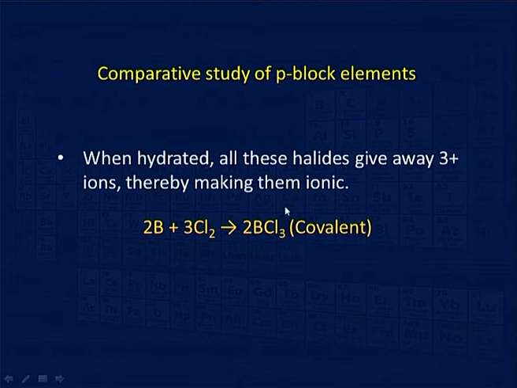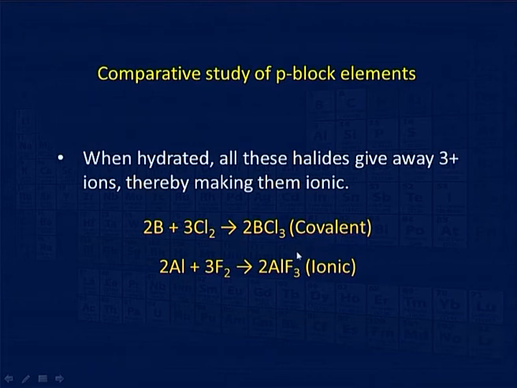This is the presentation for the covalent: boron reacting with chlorine forms boron trichloride, which is covalent in nature. On the other hand, aluminum reacting with fluorine forms aluminum fluoride, which is ionic in nature. So, depending on the individual, it may be covalent or ionic.